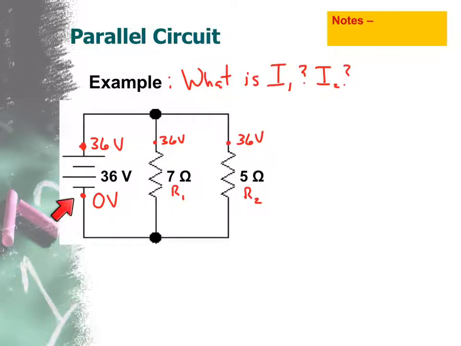Likewise, this is 0 volts, so the voltage on this side is 0, and the voltage on this side is 0. So both of those are at 0 volts.